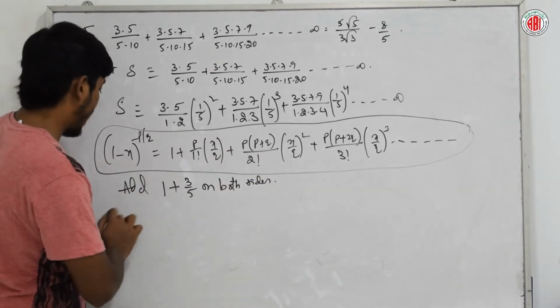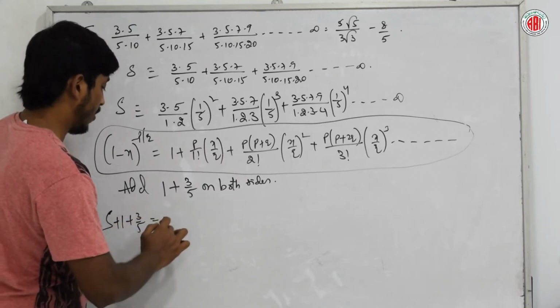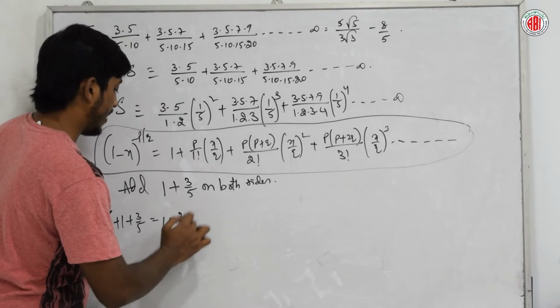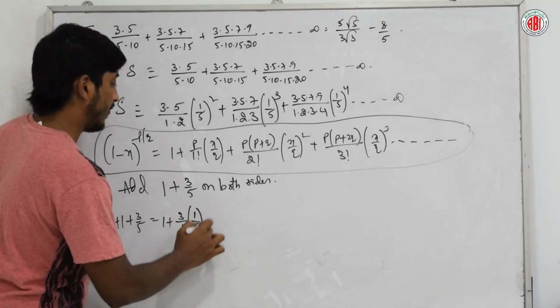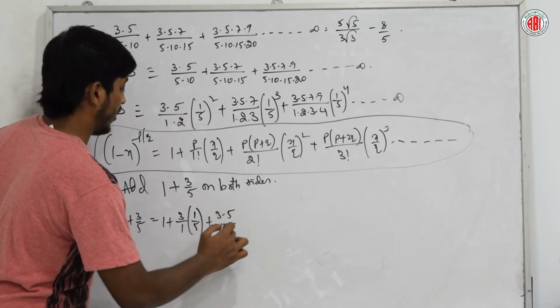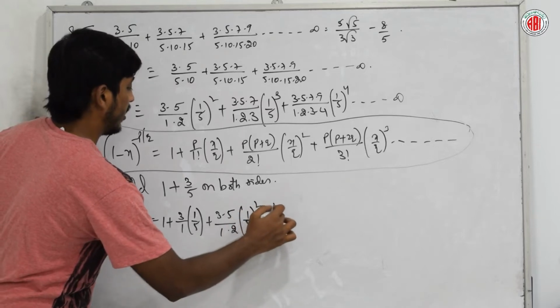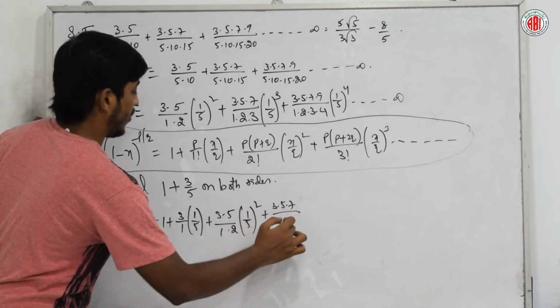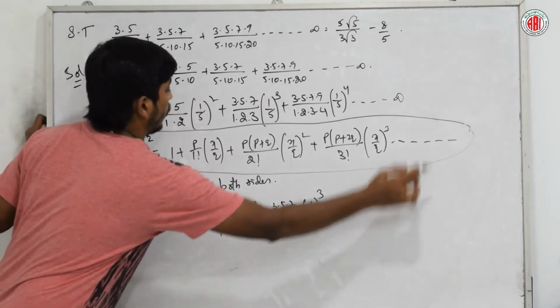Clear? How do we add? S plus 1 plus 3 by 5 is equal to 1 plus 3 by 1 into 1 by 5 plus 3 into 5 by 1 into 2 into 1 by 5 whole square plus 3, 5, 7 by 1, 2, 3 into 1 by 5 whole cube.